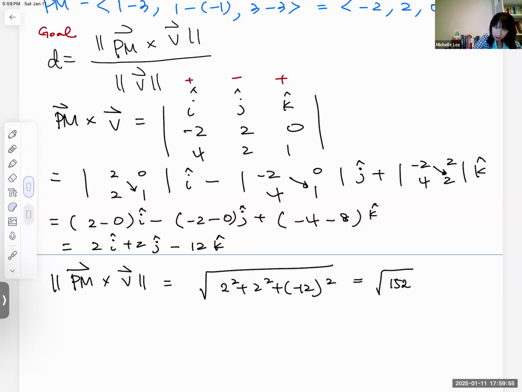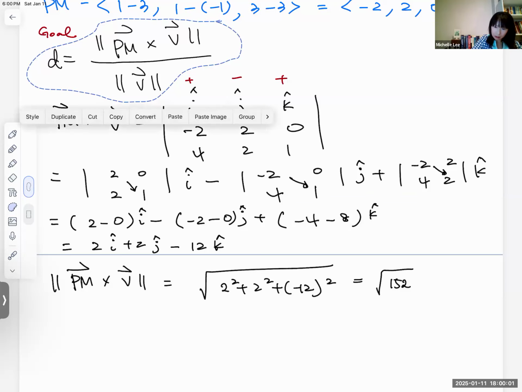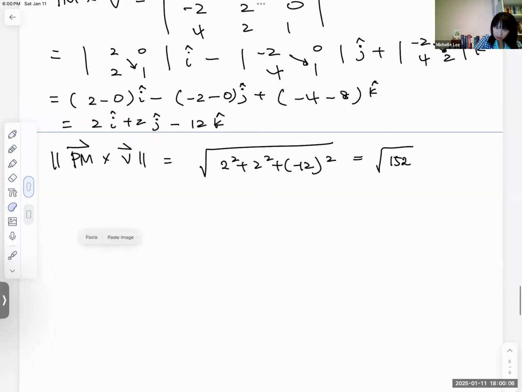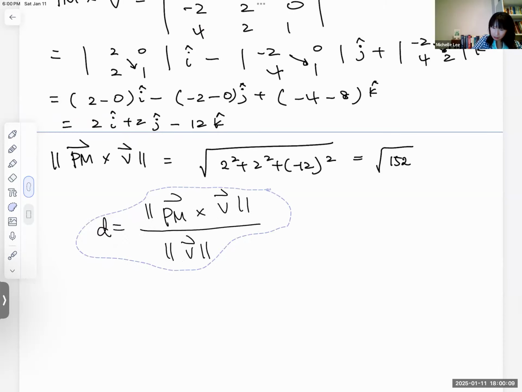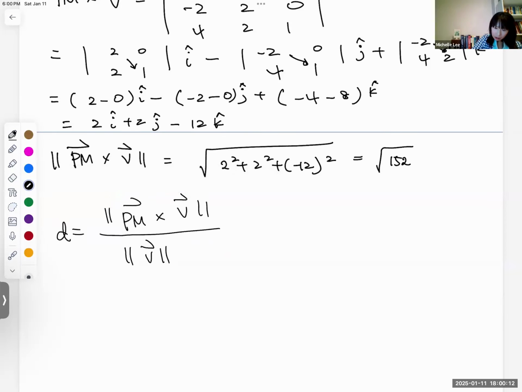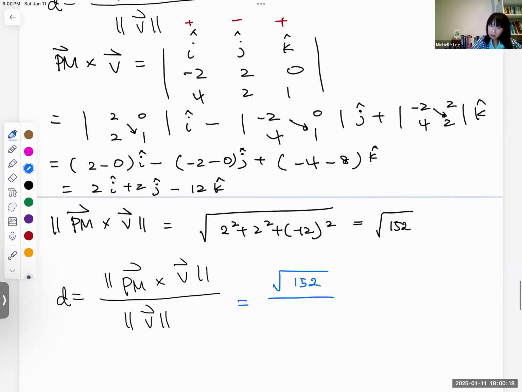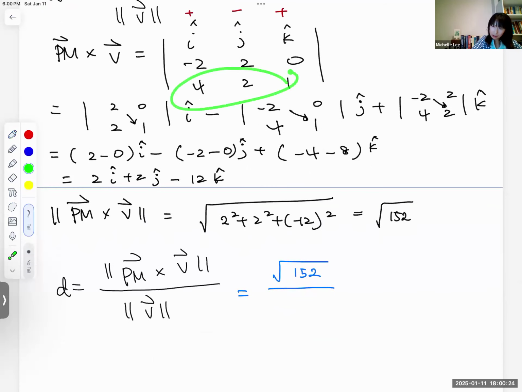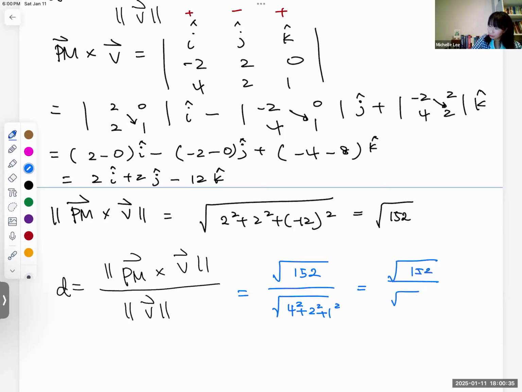D equal to, copy, paste. So we have the square root of 152 over the magnitude of vector V, which is the square root of 21.